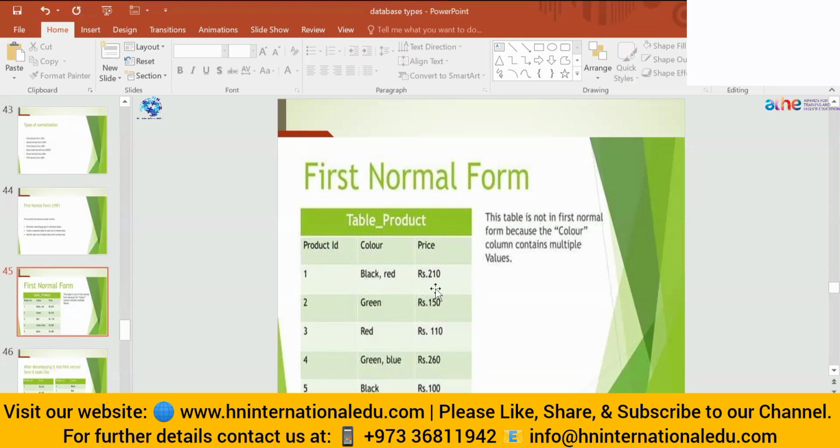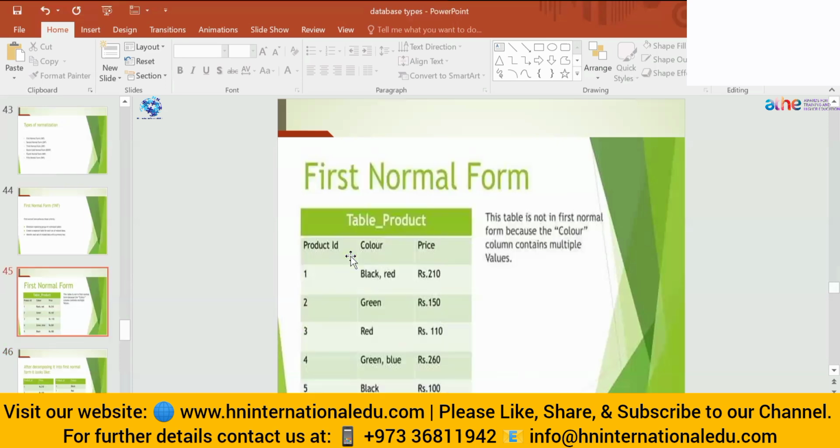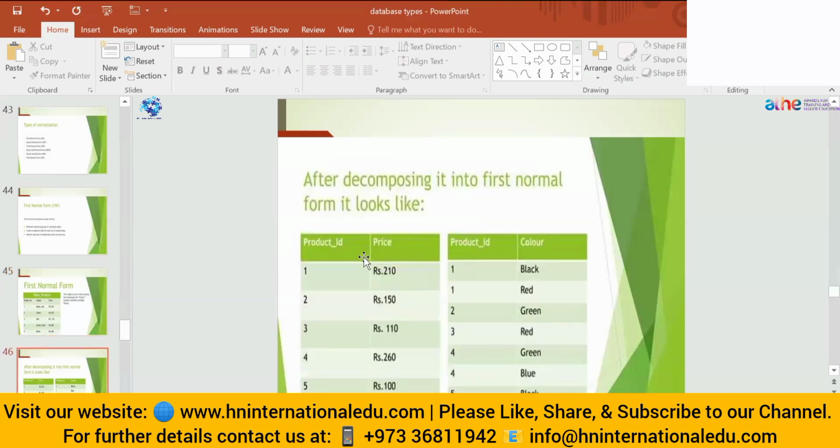As you can see, this is small data, but when we have to deal with trillions of rows, it is quite difficult and tough to identify this kind of thing in the data. After decomposing it into the first normal form, it will look like this. As you can see here, the columns where there is no anomaly, we have to arrange in a separate table, just like this.